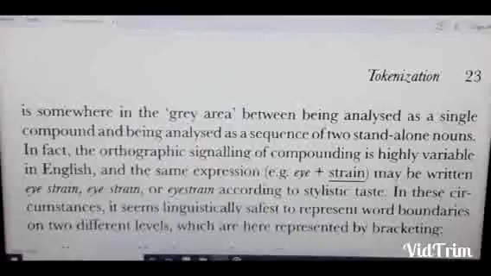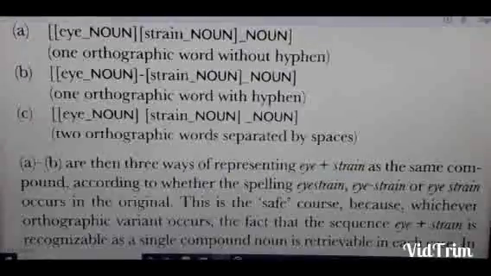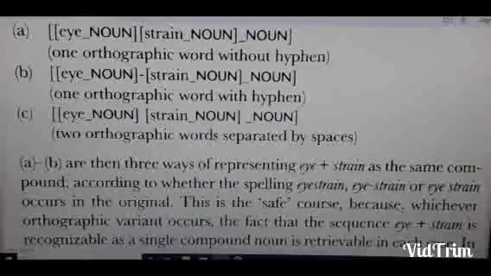In these circumstances, it seems linguistically safest to represent word boundaries on two different levels, which are here represented by bracketing. ice_noun, bracket open, double bracket open, ice_noun, bracket close, bracket open, train_noun, bracket close, underscore noun, icetrain: one orthographic word without hyphen.